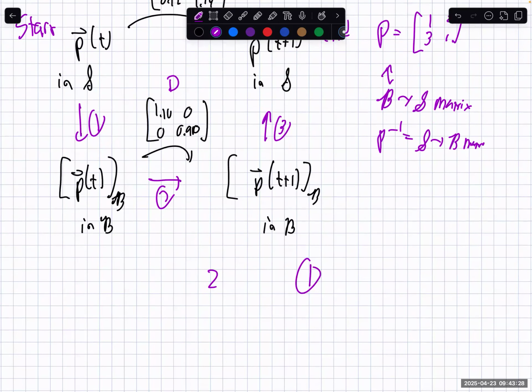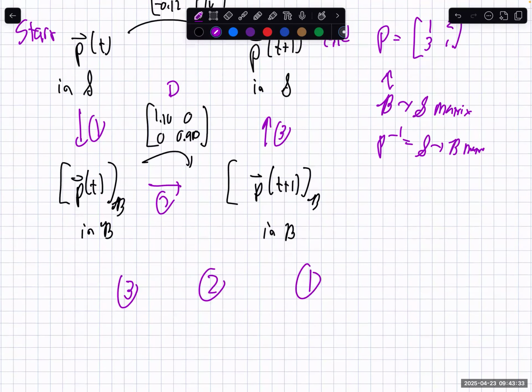So as I do step 1, step 2, and step 3, step 1 is convert S coordinates to B coordinates. That's P inverse. Step 2 is to use the diagonal matrix to turn this year's population vector into next year's population vector relative to B. Step 3 is to go back, and that's going to be the same result as doing A.